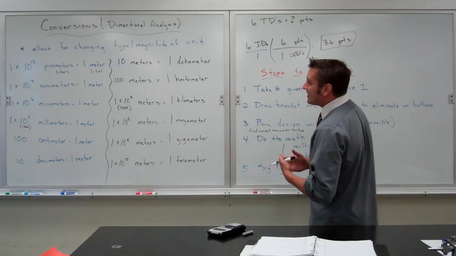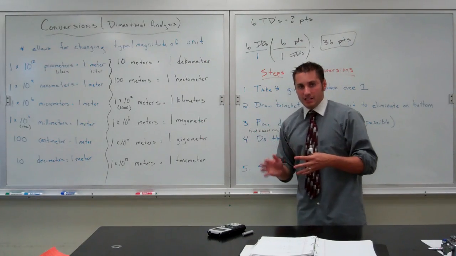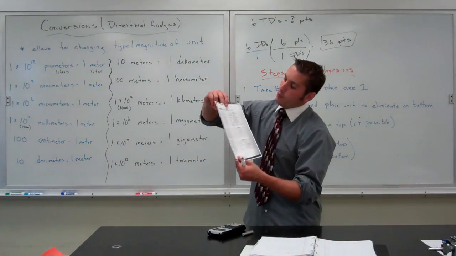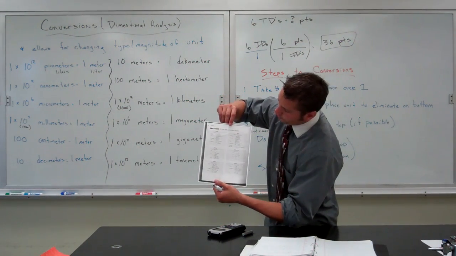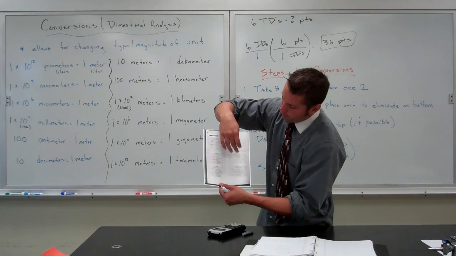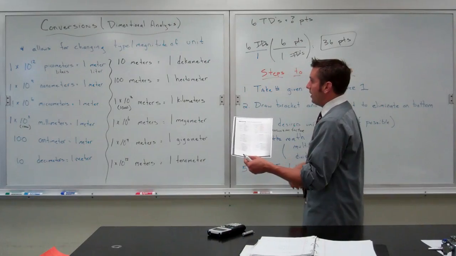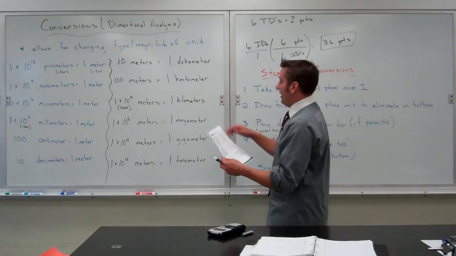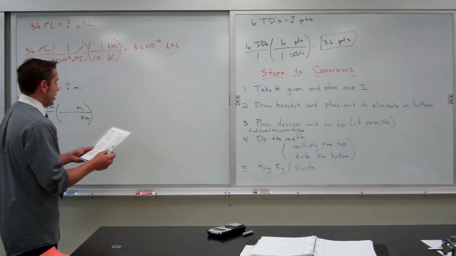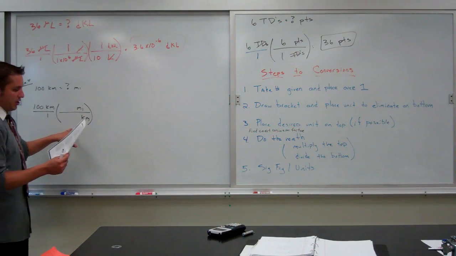You should have a separate American to metric conversion sheet. It should look like this one. It says SI units and conversion factors, and it has 6 categories: length, volume, energy, pressure, temperature, and mass. And so what you will do here is begin to try to find the relationship between miles and kilometers.